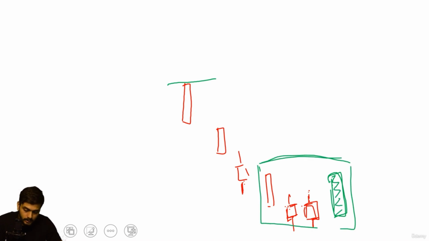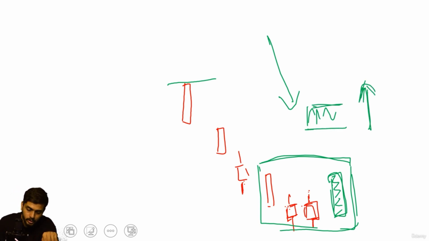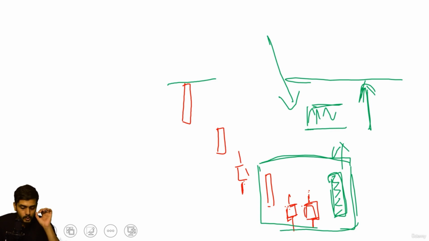This formation can also be considered a morning star. So the qualities of a morning star are: the market will fall, then consolidate a little bit. Consolidate means move sideways. Sideways means confusion. Confusion means doji. So the market will form somewhat of a doji, and then the market will get a push. This is our cue, and when it breaks the resistance level here, this will be our entry. So this is how we can use morning star.